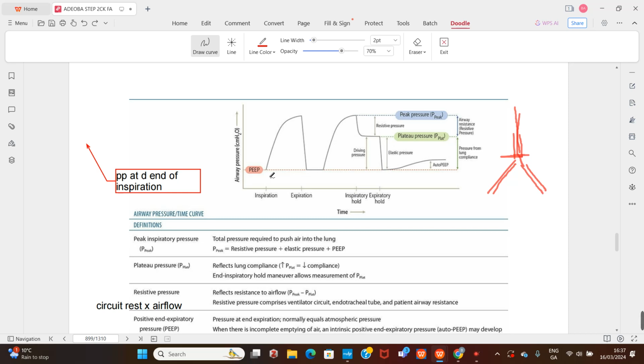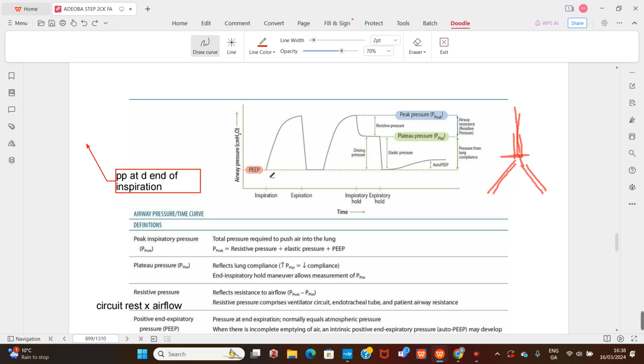Now, there are some pressures that the mechanical ventilator will need to overcome before it can deliver air and expand the lung adequately.